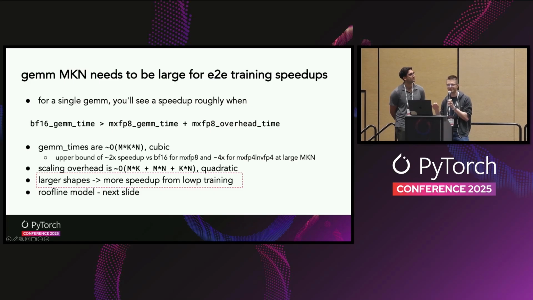You'll see a speedup if the right-hand side of this formula is smaller than the left. On the GEMM, you might get, I don't know, 1.7, 1.8x, a little bit less than 2x. And then you pay some overhead to cast your tensors from high precision to low precision. At large shapes, your GEMM times are cubic, and your scaling kernels are memory bound, so they're quadratic. The larger your shapes are, the more the cubic terms dominate, and that's where you see the speedups.